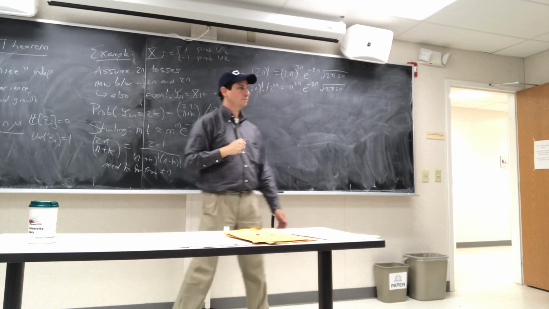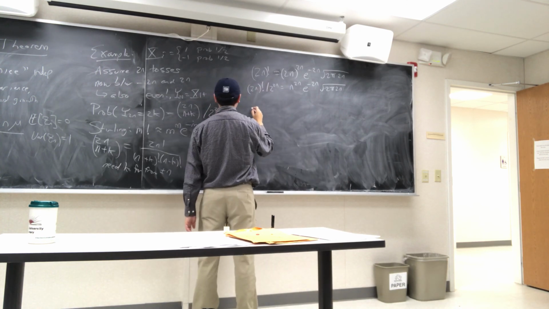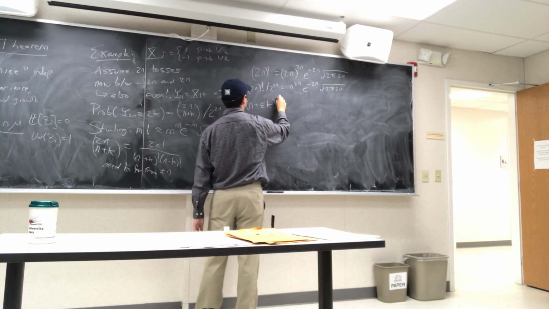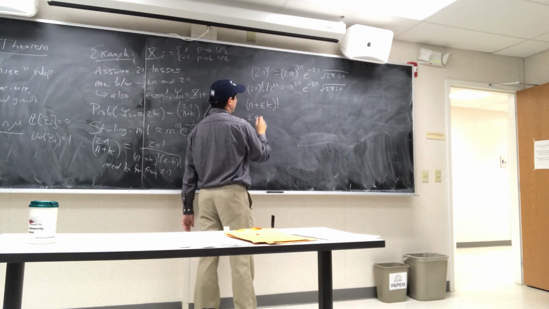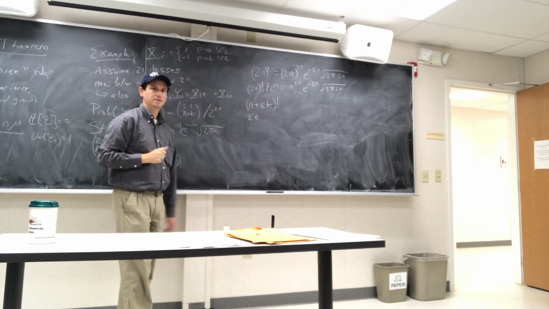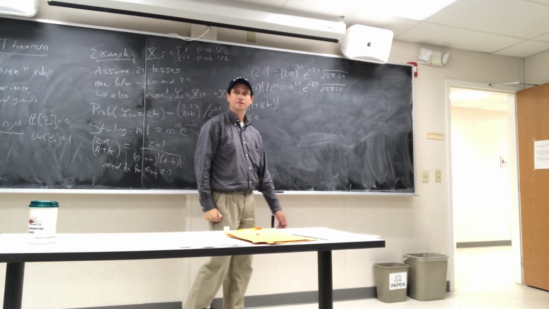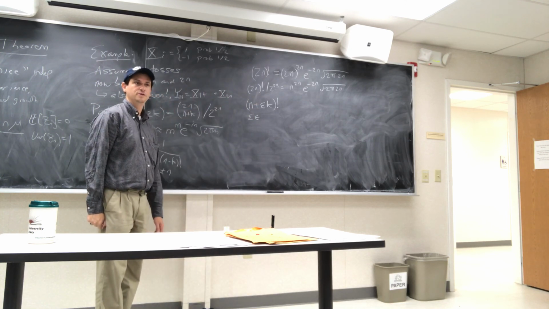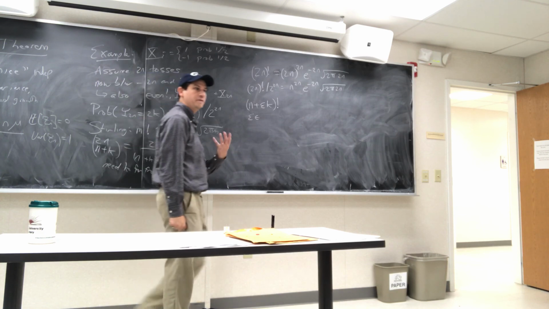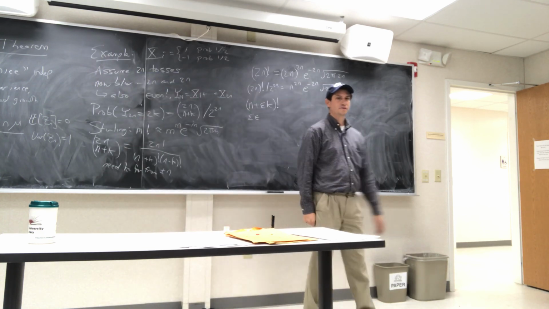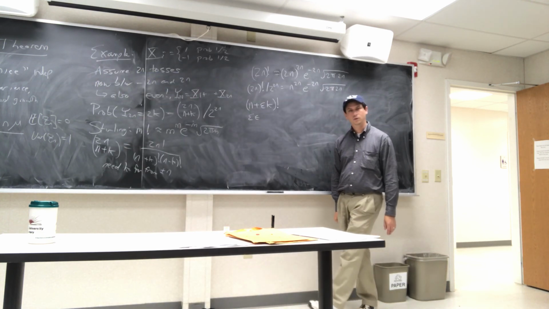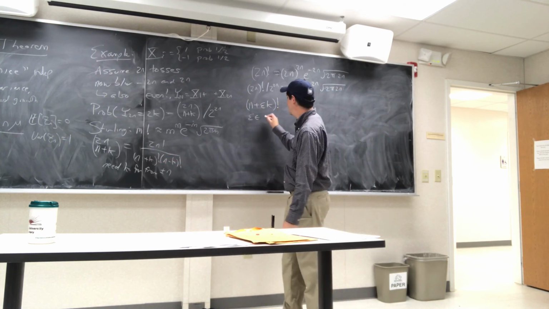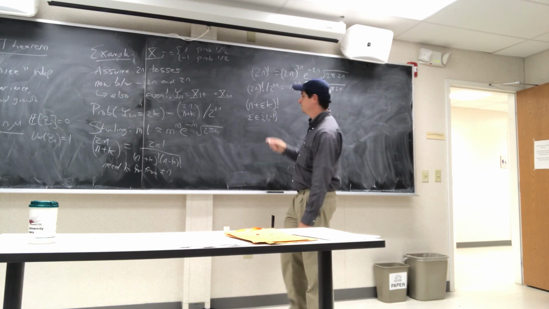Okay? For the next piece, I'm going to look at n plus epsilon k factorial. What do you think the possible values of epsilon are? I'm trying to do a unified presentation. So what should my values of epsilon be? Well, the expressions I need to look at are n plus k and n minus k. So I'm going to just take epsilon to be either 1 or negative 1.